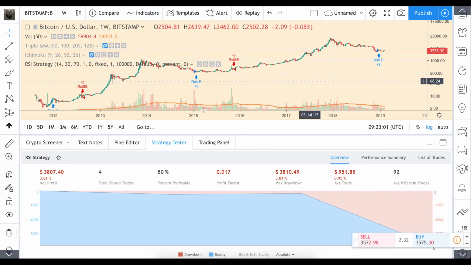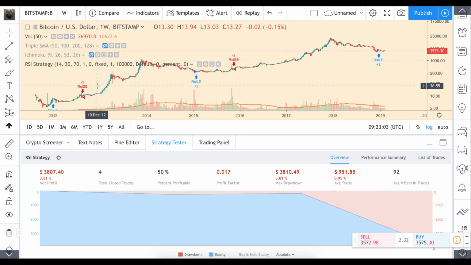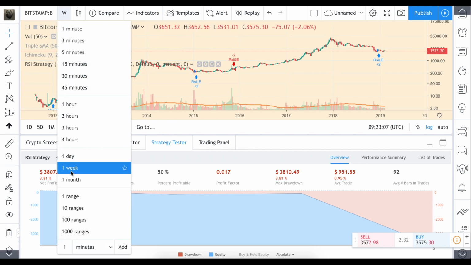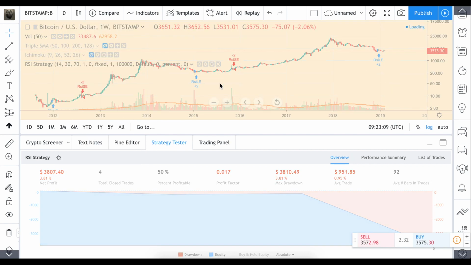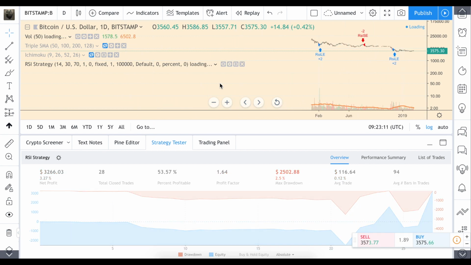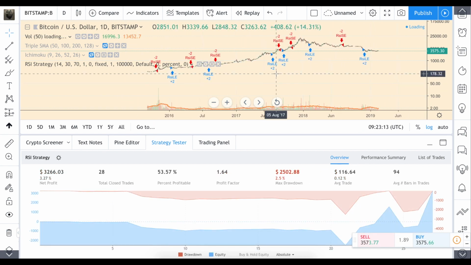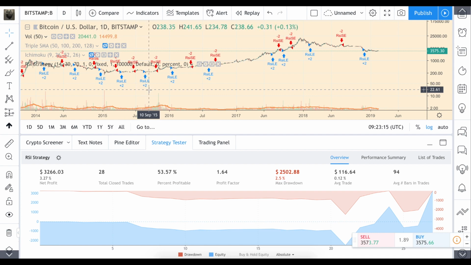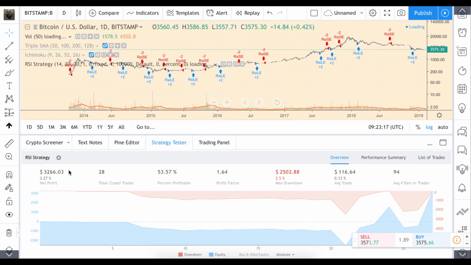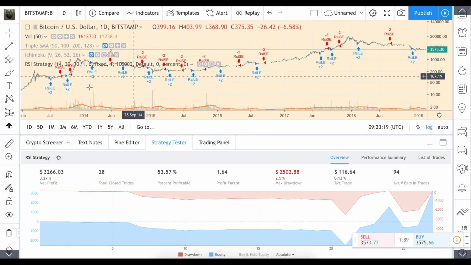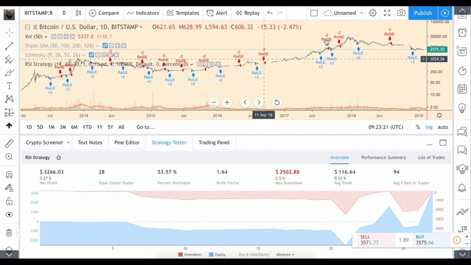Start with RSI. If you use RSI and trade Bitcoin, let's switch to the daily chart. Actually, it's not always reasonable to have a weekly chart for your trading, especially with indicators. So for the daily chart, those are the signals to buy and sell.